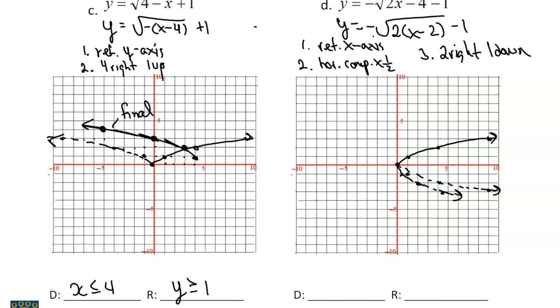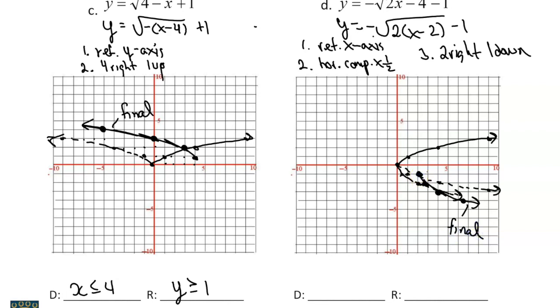And then we want to go 2 right and 1 down. Okay, it might not be the clearest, but that is our final graph.